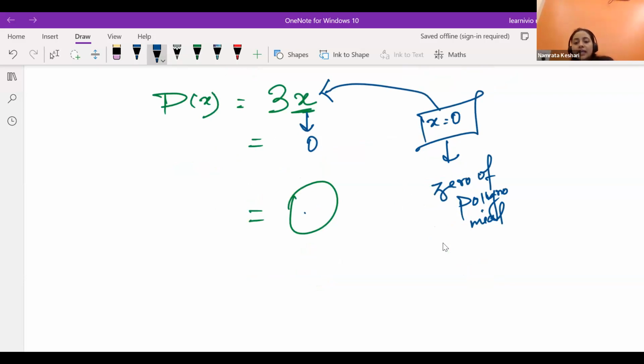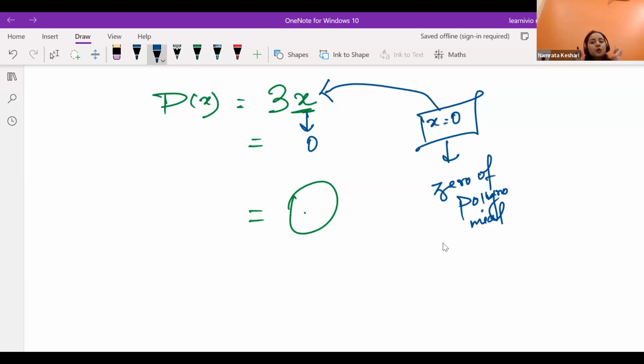Such an x value which can make the polynomial 0, we name it the 0 of the polynomial. So whenever this terminology is used, you are not going to get confused. In some cases x is 0, but not always.